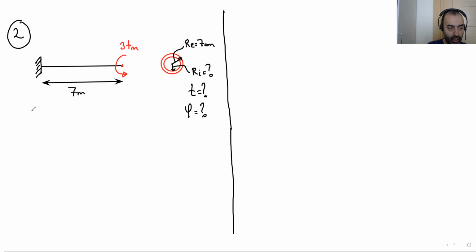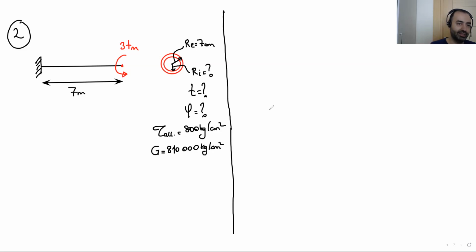We have tau allowable, which is 800 kilogram per centimeter square, and G. Under this torsional moment, what is the thickness of the circular hollow section?